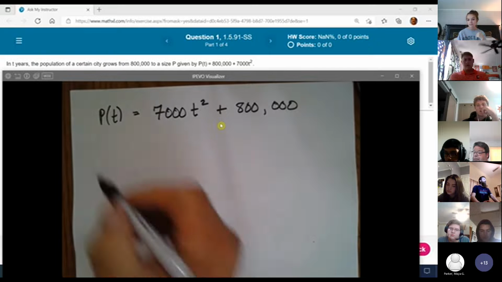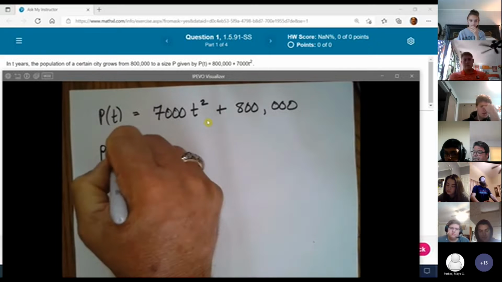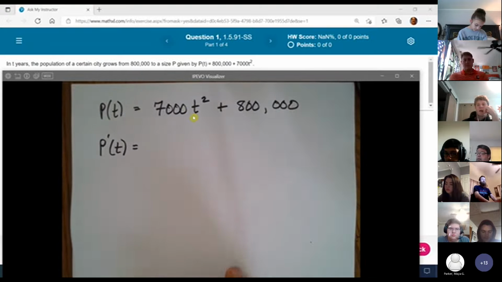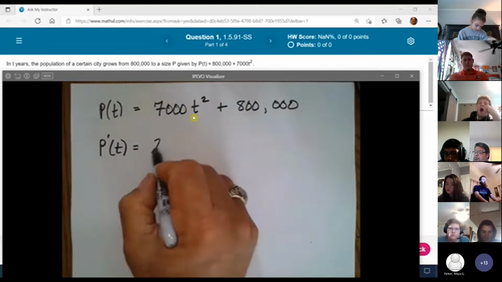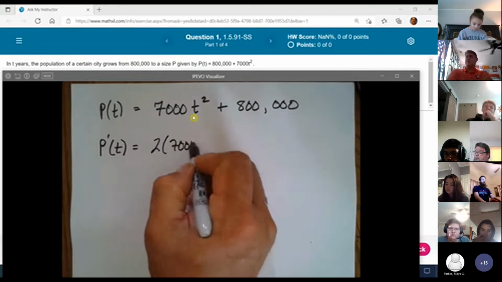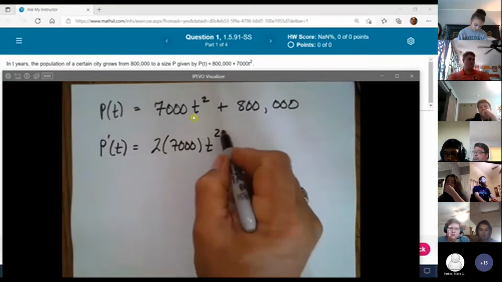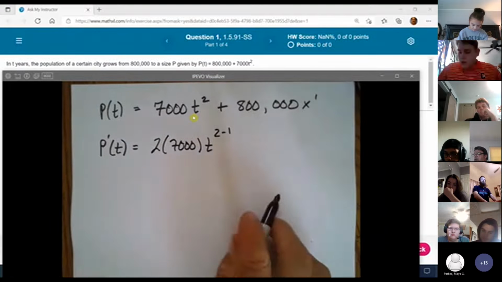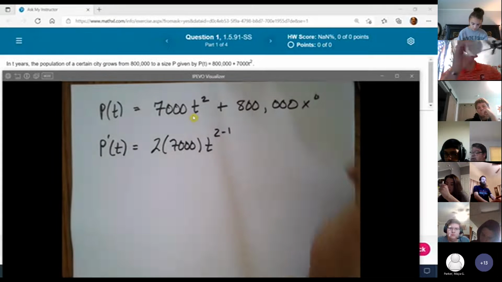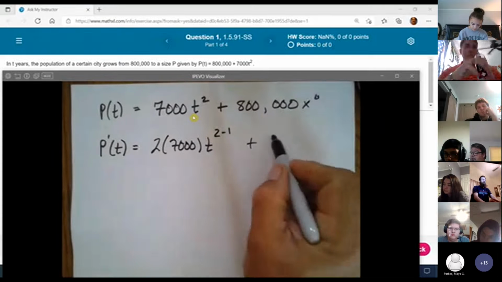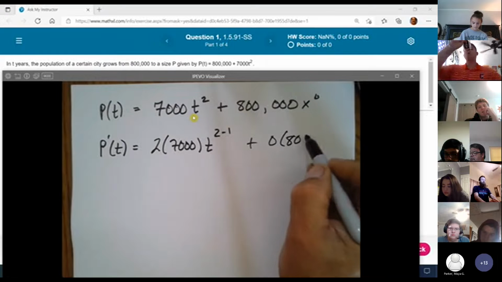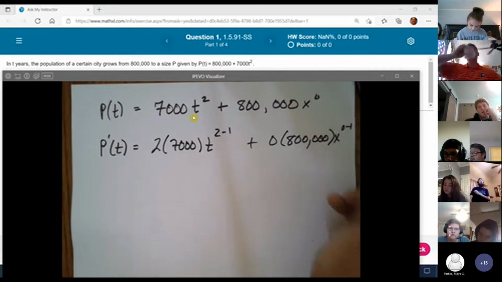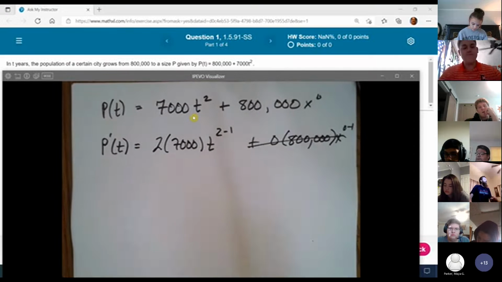All right, so P prime of T is going to be 2 times 7,000 T to the 2 minus 1. Oops, x to the 0, and that's going to go out, 0 times 800,000 x to the 0 minus 1, and of course that goes out.